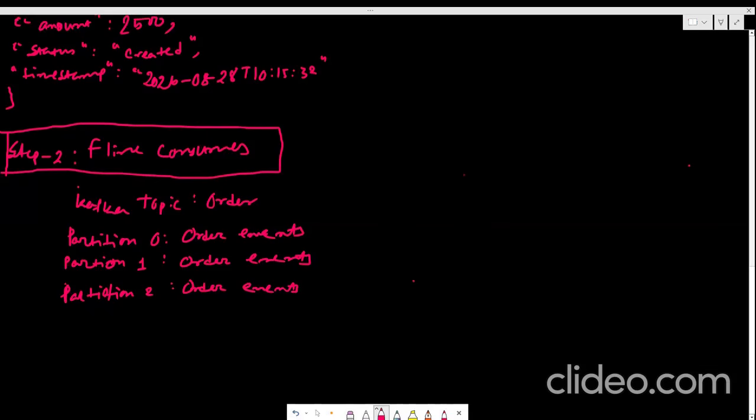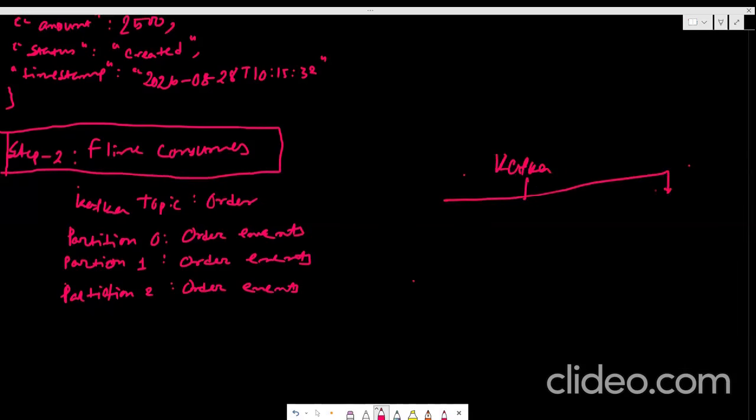How is it? So there are several Kafka topics, right? And we are discussing the topic order. And there are several partitions. So Flink basically distributes these events across parallel operations.